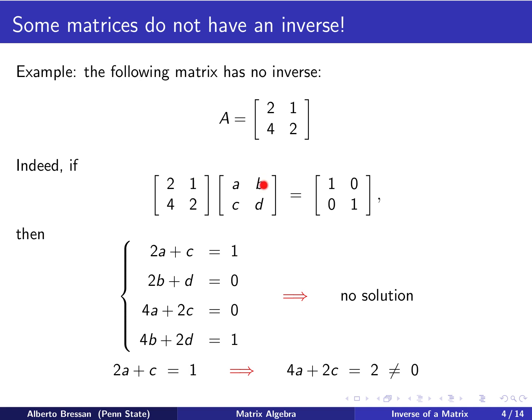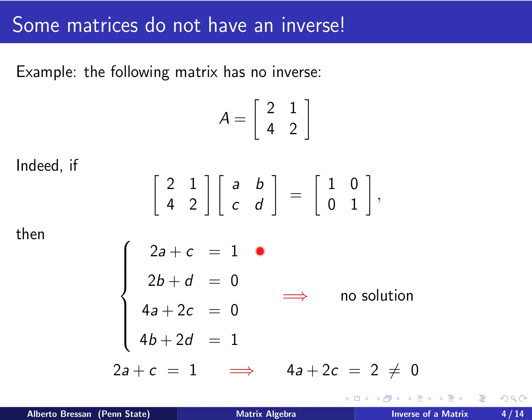Then this one cross that shall be 0, so I have 2b plus d must be 0. The third one is this one cross that, I get 4a plus 2c is 0. And the last one is this cross that, I get 4b plus 2d is 1.